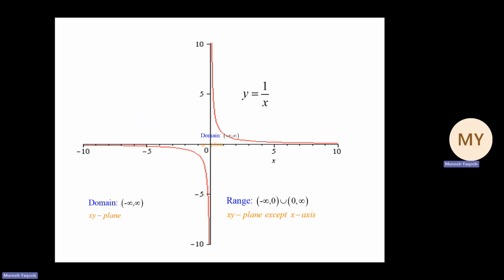Why is the range so? Because again, there is no restriction on the height of the function. It could have any height from 0 to infinity, but again, it can never become equal to 0.